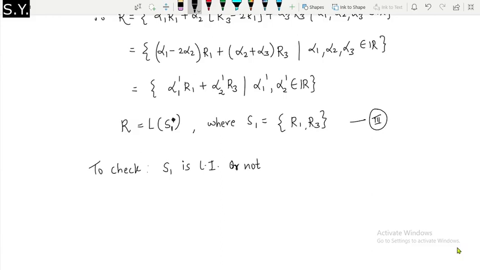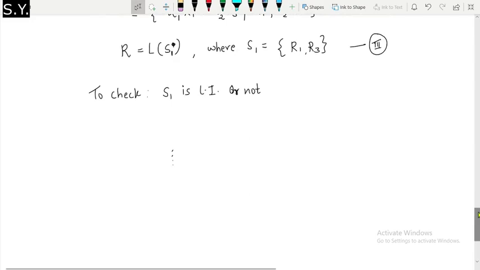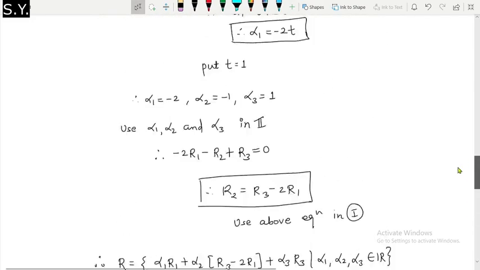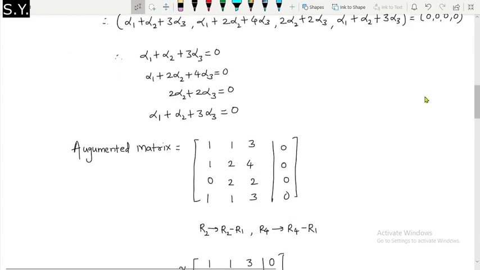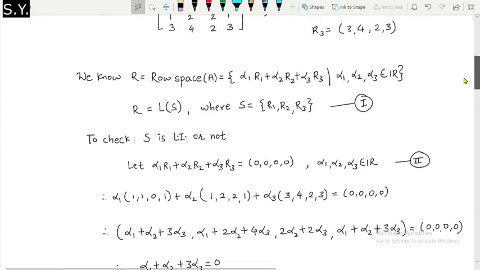So directly I will say here, you do it on your own. Why R1 and R3 will be linearly independent? See, what is a simple observation? Just let me see what is my R1 and R3.